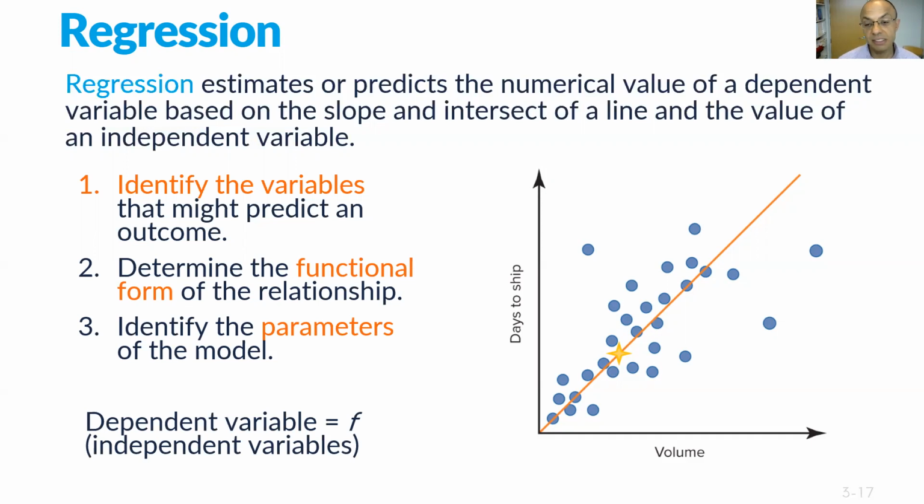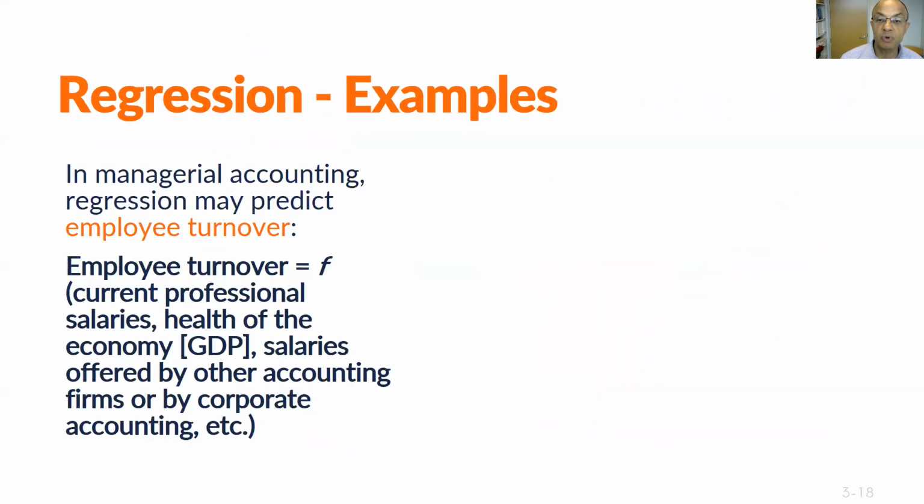Well, the model is that the dependent variable, which is the days to ship, is a function of volume, which is the independent variable, and we can add other independent variables to come up with a model. So this is the meaning of regression, to predict what's going on. A good example here in managerial accounting: regression may be used to predict employee turnover.